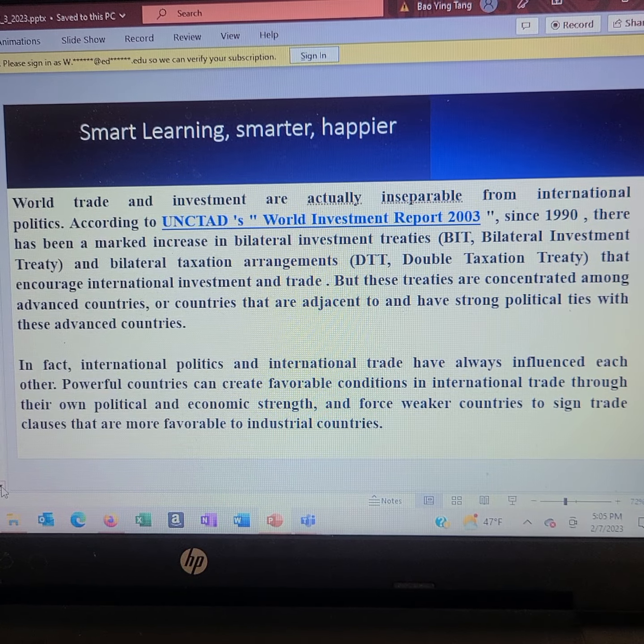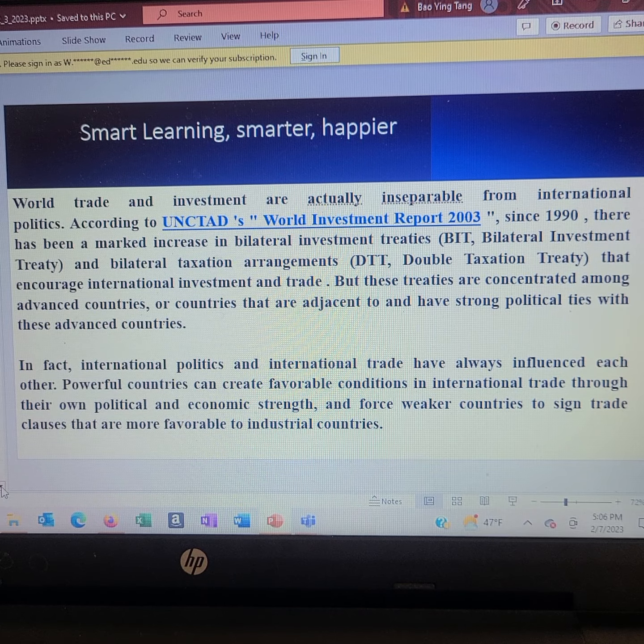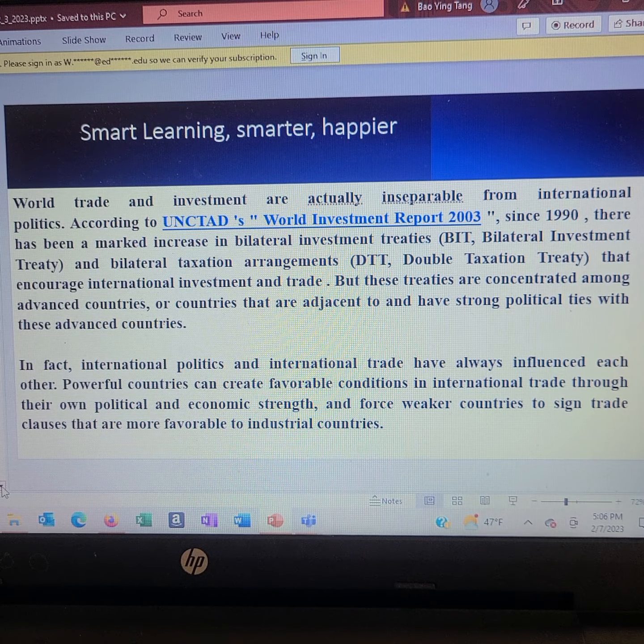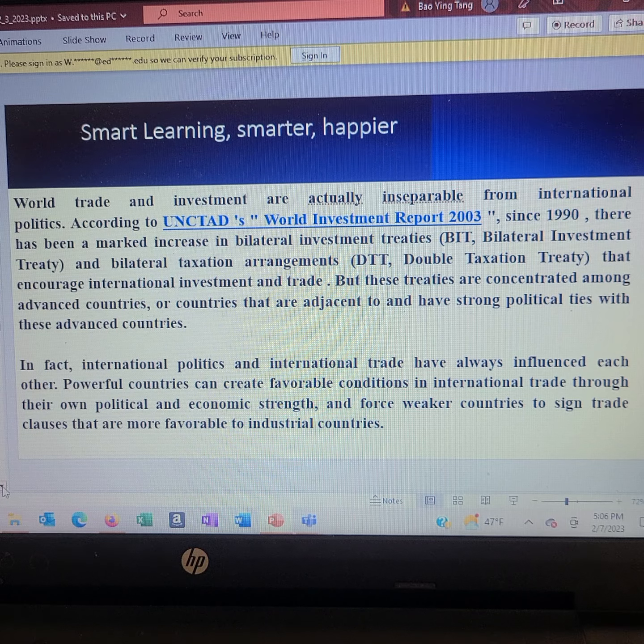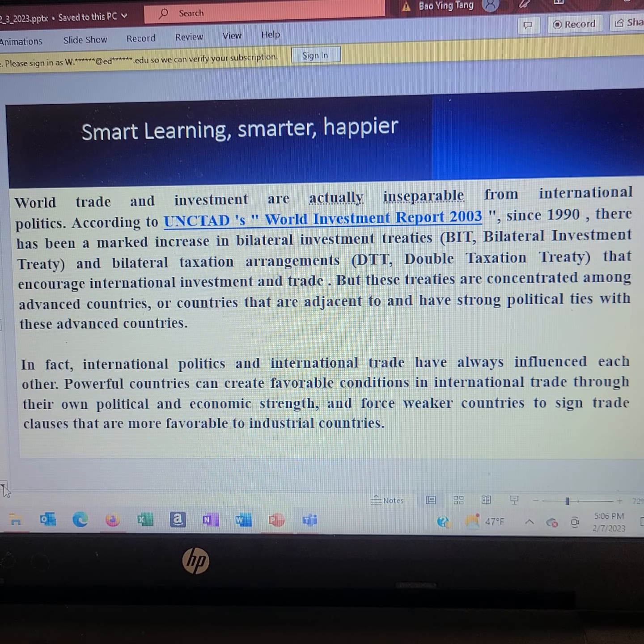World trade and investment are actually inseparable from international politics. According to the UNCTAD's World Investment Report 2003, since 1990, there has been a marked increase in bilateral investment treaties, BIT, and bilateral taxation arrangements, DTT, double taxation treaty, that encourage international investment and trade.